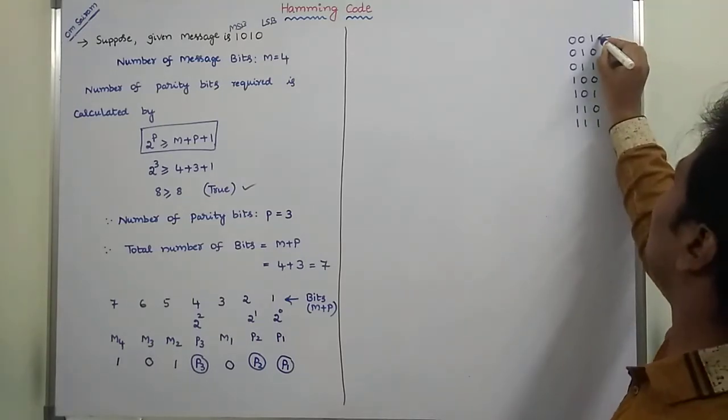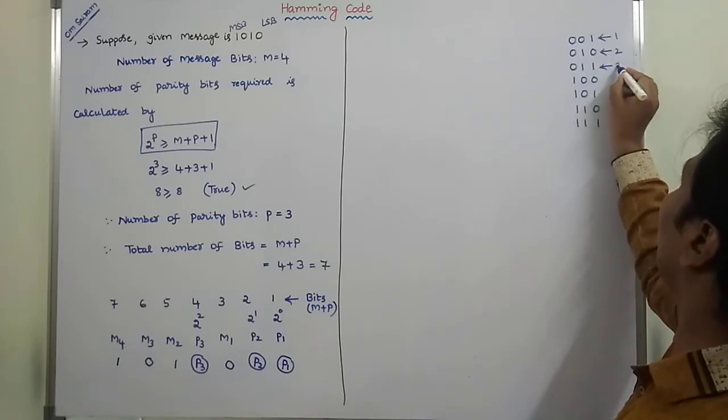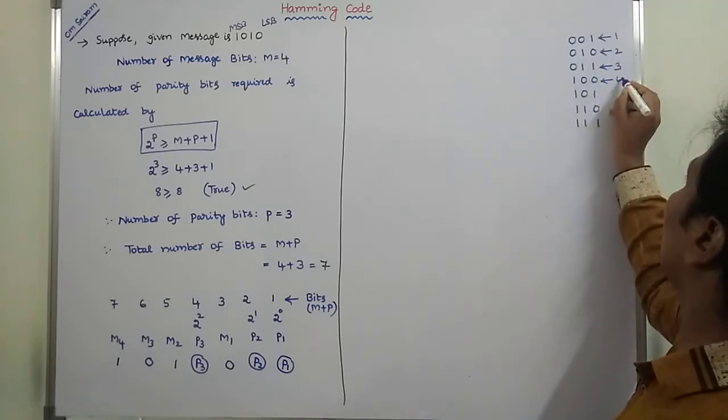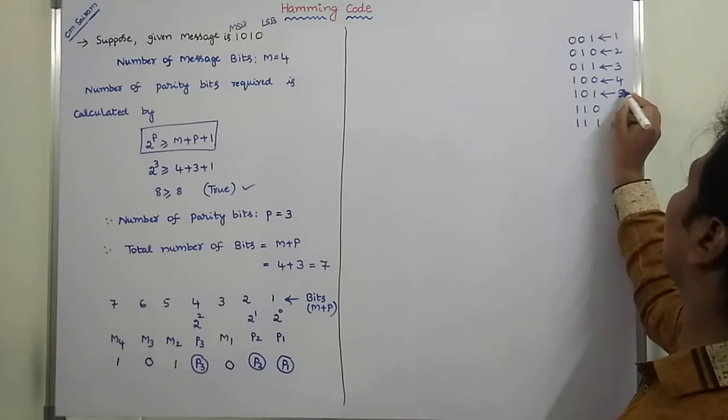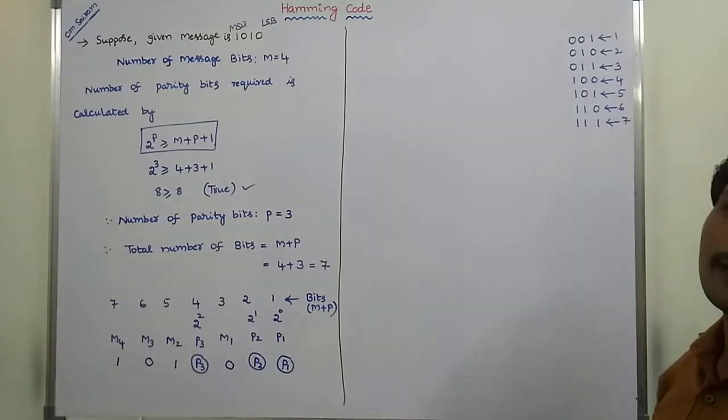These are the binary equivalents of decimal 1, 2, 3, 4, 5, 6, 7.